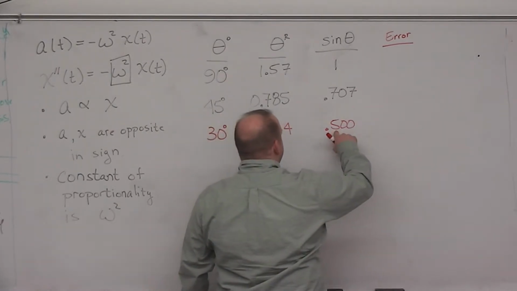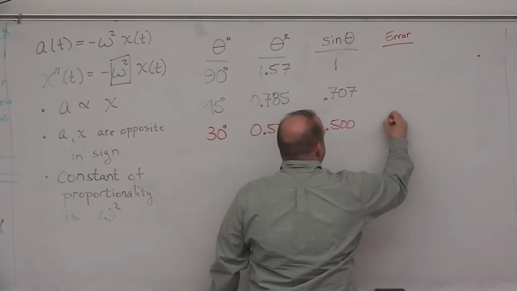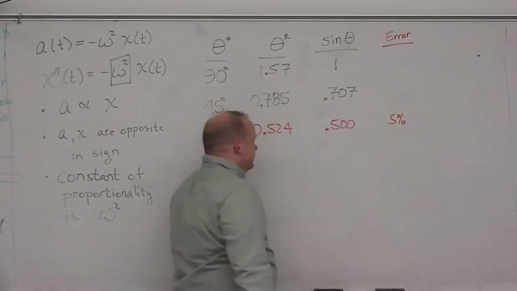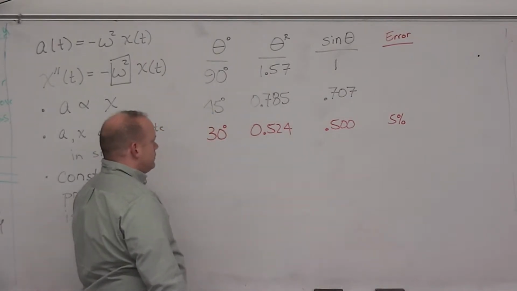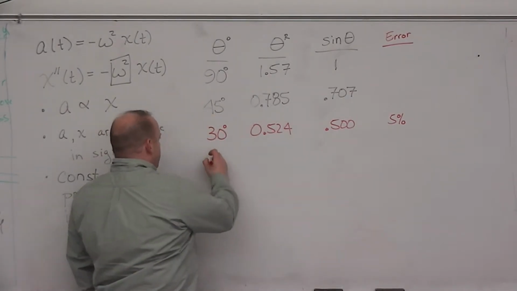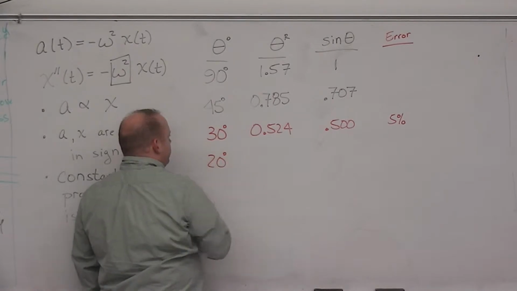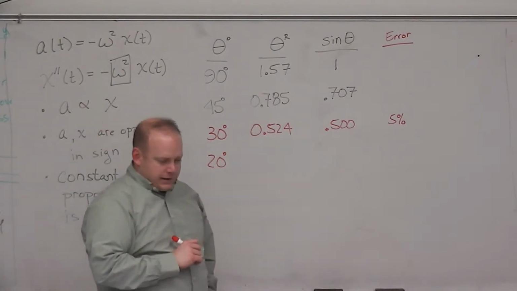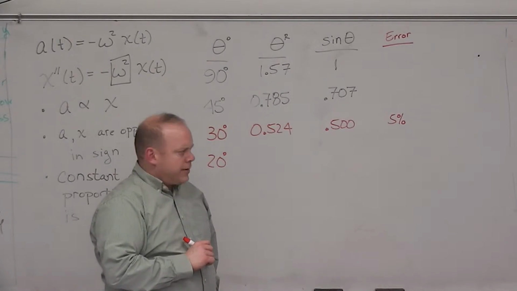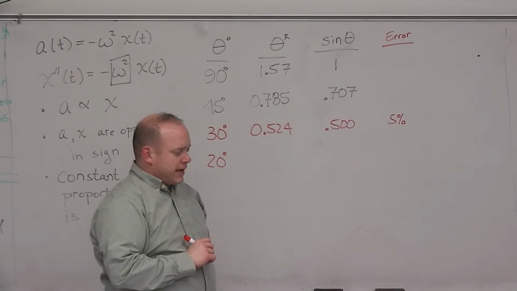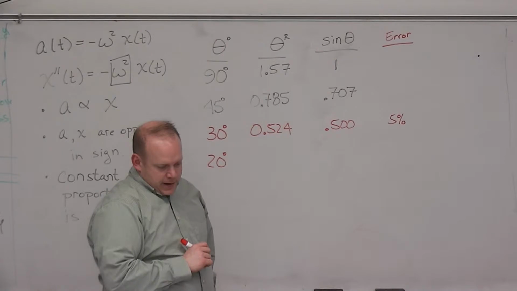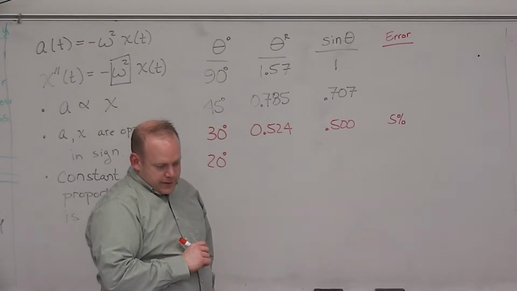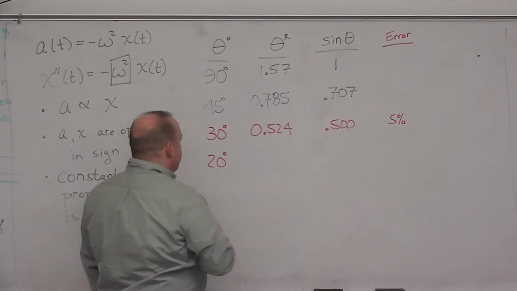So this error would be about 5% between the two. And now here at 20 degrees, that's going to be pi over 9. Pi over 9 is 0.349 radians.